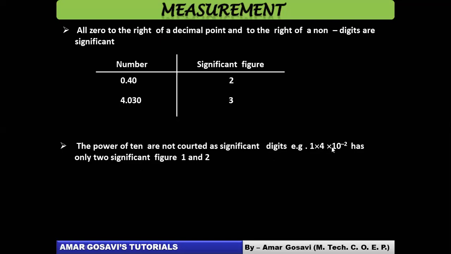So 10 raised to minus 2 won't be considered as significant. Okay, that's what it means. So only two significant figures, 1 and 4. Okay. So take a screenshot of this before we actually deal with some problems based on what we have studied for the day.